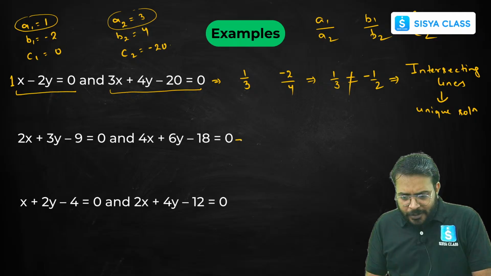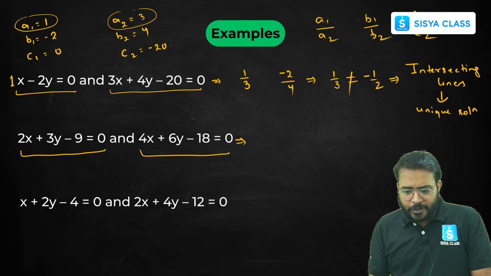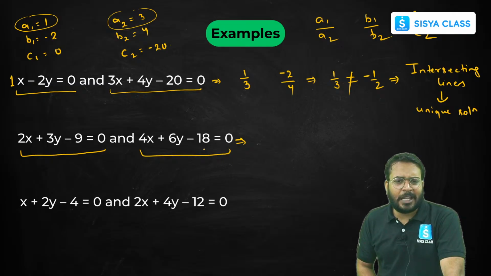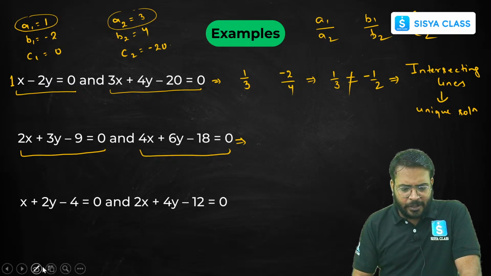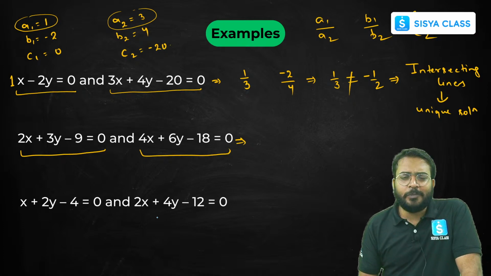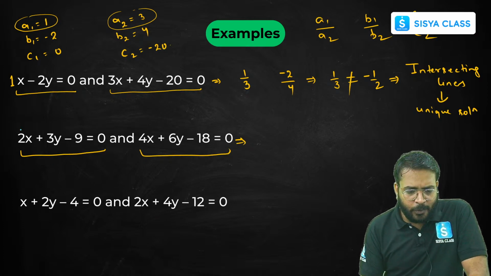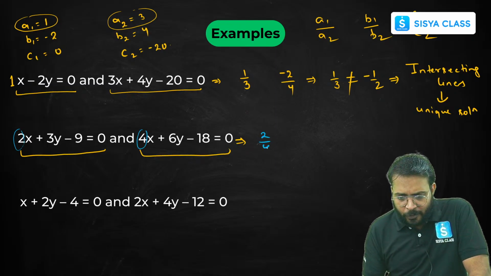In the second example, again we have one equation and our second equation. So directly, I am not writing a1, b1, c1, a2, b2, c2. Now I think you know how to find a1, a2, b1, b2, c1, c2. So this is going to be my a1, and this is going to be my a2. a1 by a2 is going to be 2 by 4.